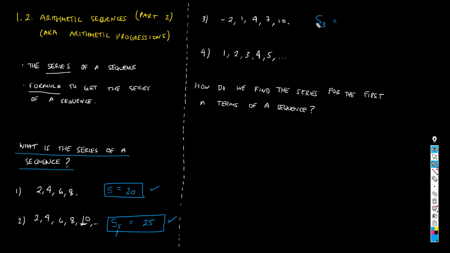And what this means is the sum of the first 3 terms of this particular sequence, which happens to be a finite sequence. So S sub 3, what would that be? That would be minus 2 plus 1 plus 4. And that gives me a total of 3. There you go. So we can also get a definite amount of terms in the series, even for finite sequences.